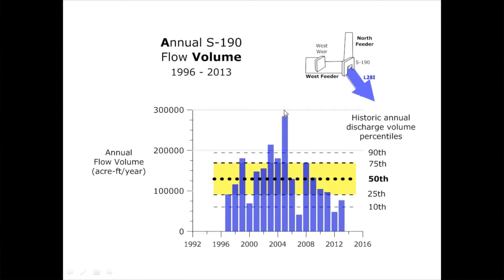The big flow year of note was the year of Hurricane Wilma, right? Almost 300,000 acre feet discharged through the S190, and then we had a couple drought years in 2007 and 2012. And particularly, the last 2 water years have been down, and that's partially a reflection of the changed operational schedule. If you're holding more water back, less water is getting through.